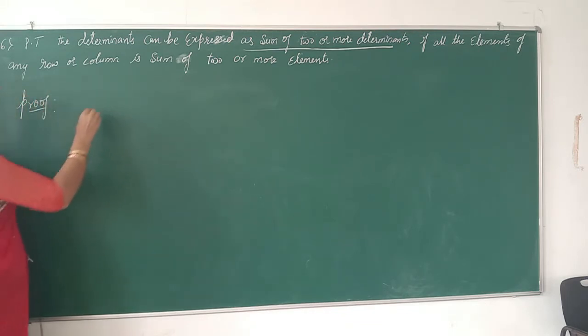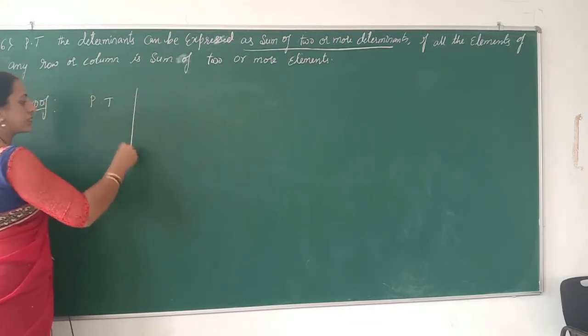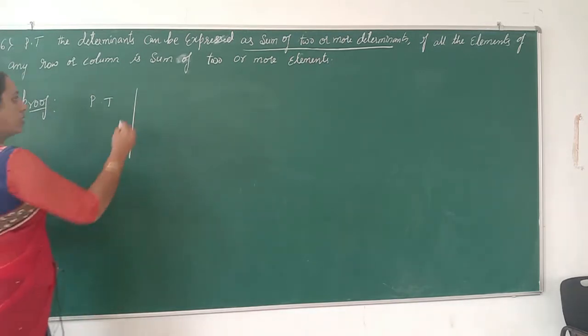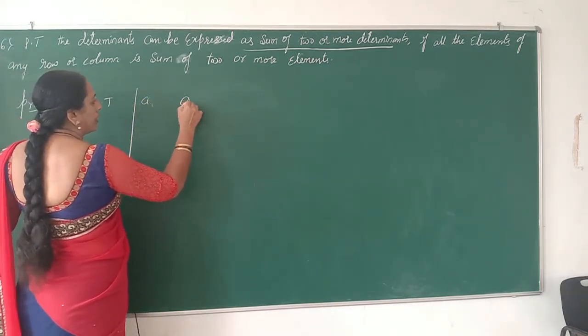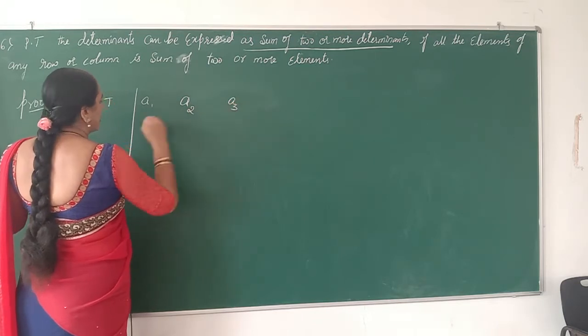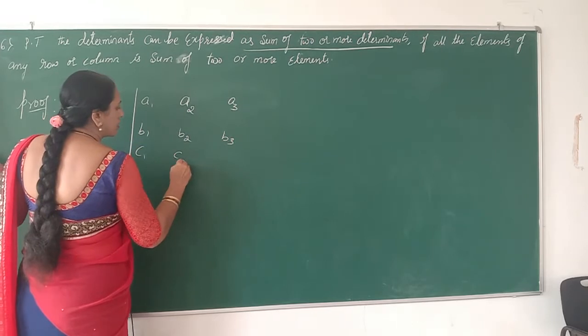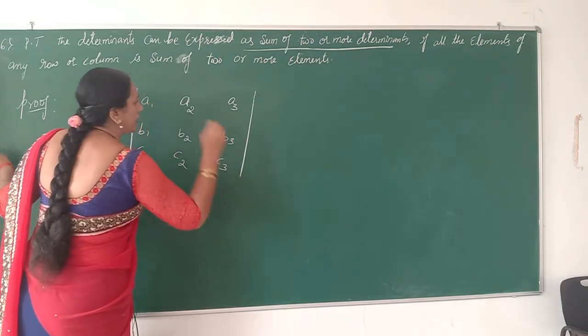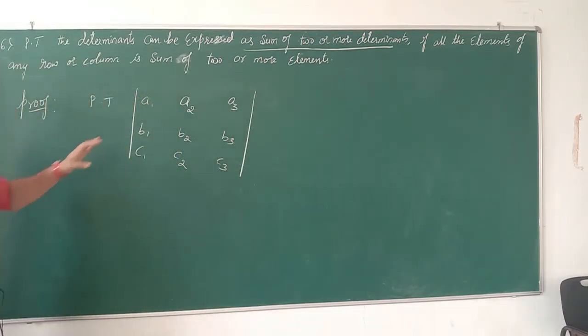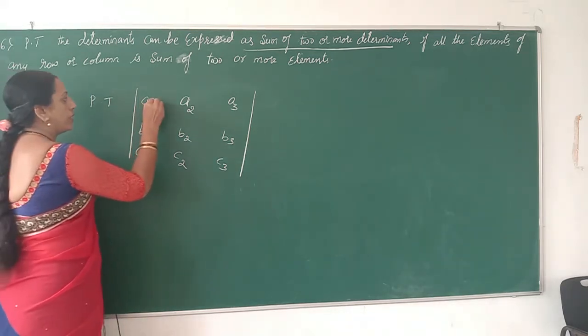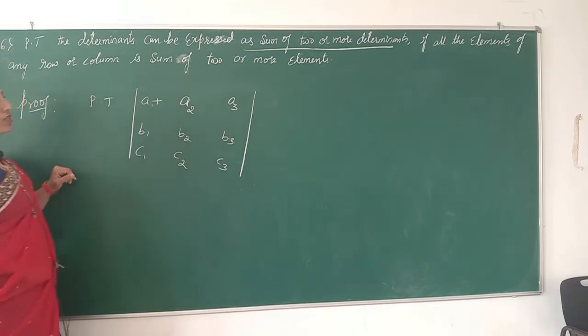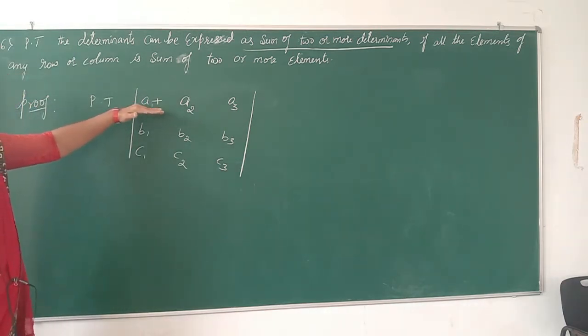Now to prove that, we will consider both LHS and RHS. In general, A1, A2, A3, B1, B2, B3, C1, C2, C3 are the elements of a general determinant. You can choose any one row or any one column and add some other elements to the corresponding row or column. First we will choose the first row.